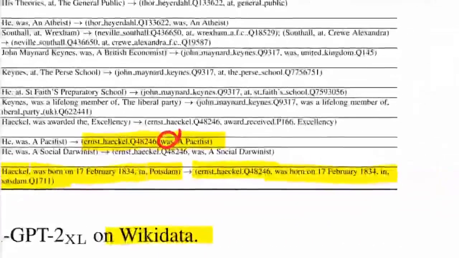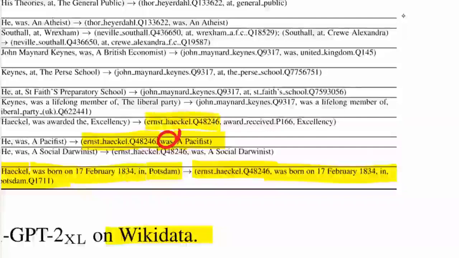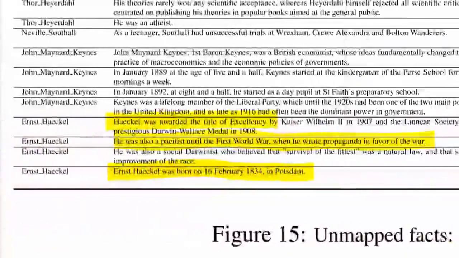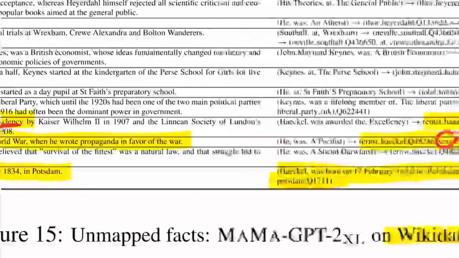So you have correctly Haeckel, again, recognized, award received is in the schema, nice, excellency as a tail. And excellency, you know, what do you want? This is not a fact, right? The award or the title of excellency would be the thing. So this is a failure of spaCy.